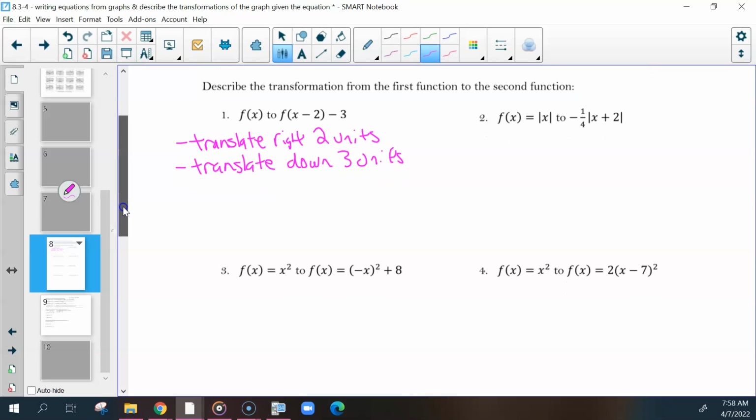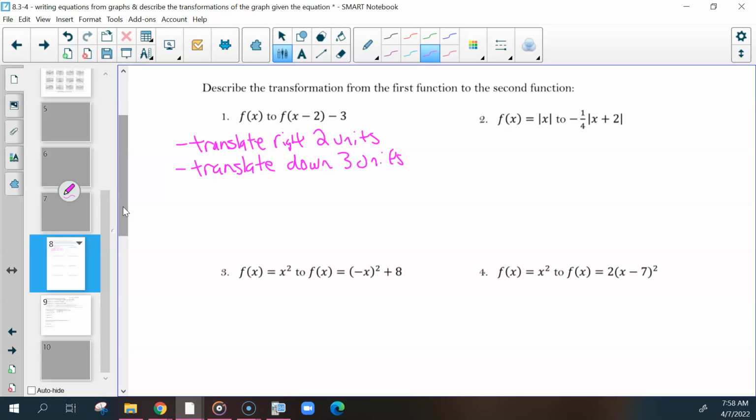Number 2, what do we see happening? And we don't have to go in order. Whatever you see first, we can write. Compress on 1/4. Yeah, so we're going to say it vertically compressed by a scale of 1/4. So this is basically like translating these equations into words.